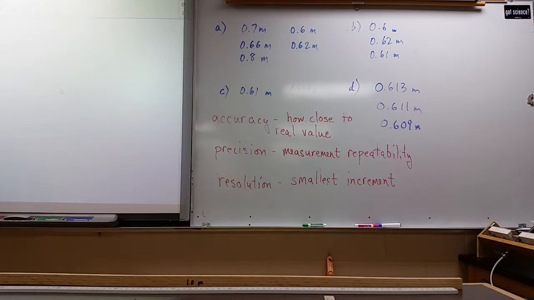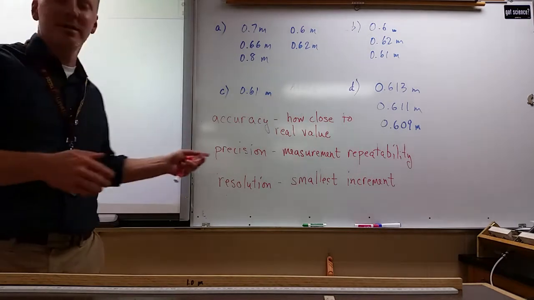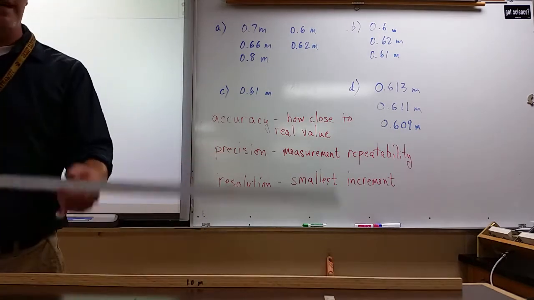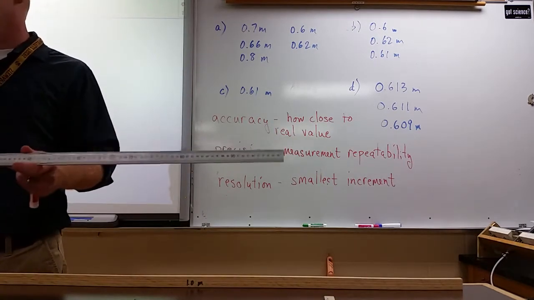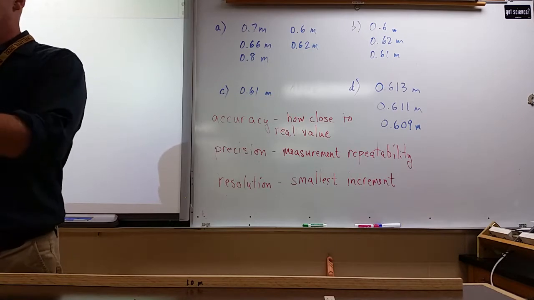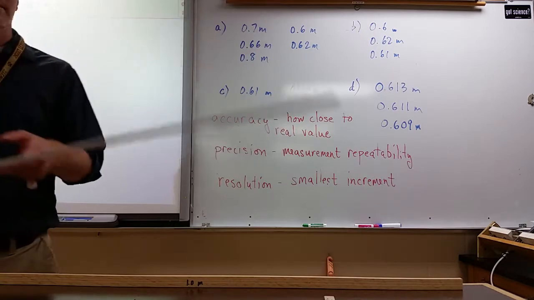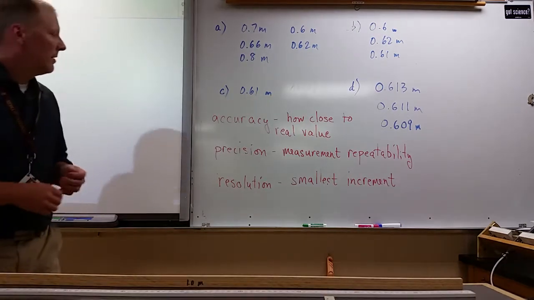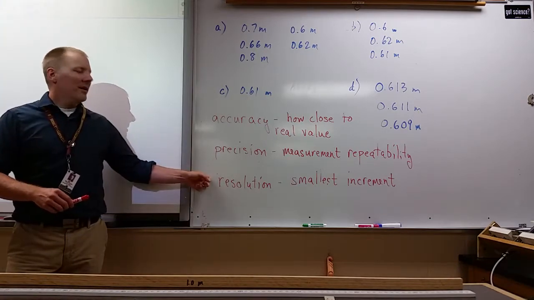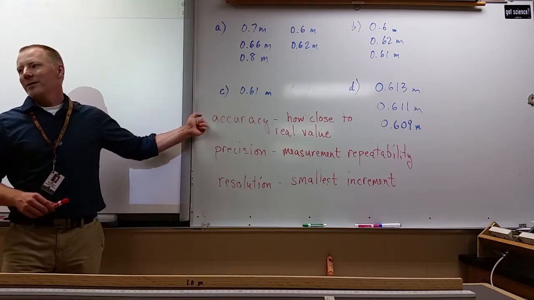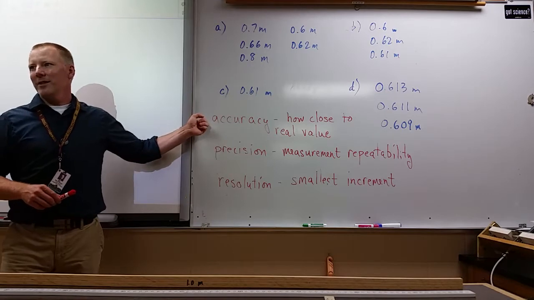If they weren't lining it up with one edge in the same way, that would change our precision, even though the measurement device doesn't change at all and its accuracy doesn't change. If you put it at an angle and didn't realize it, that would as well. Most of the time, we just assume the accuracy of our measurement devices.